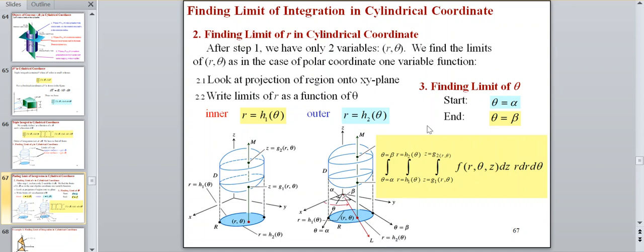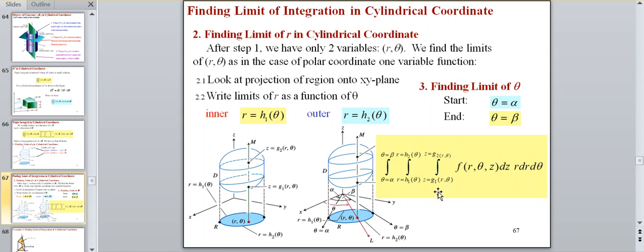This is for r. And then to cover this region, theta is from alpha to beta. So this is how we set up the integral: f of r, theta, z dz r dr d theta.